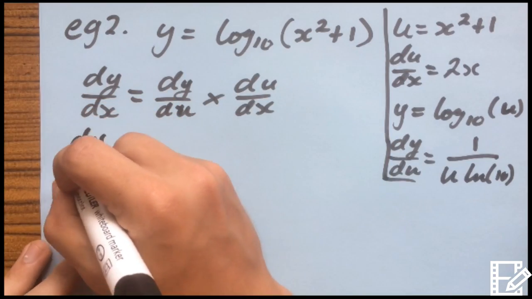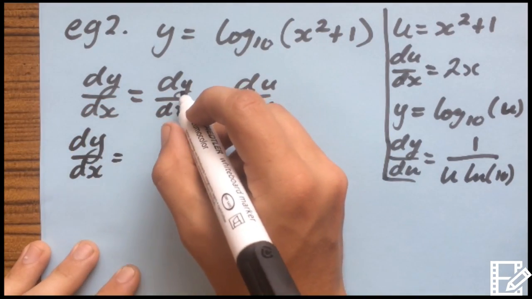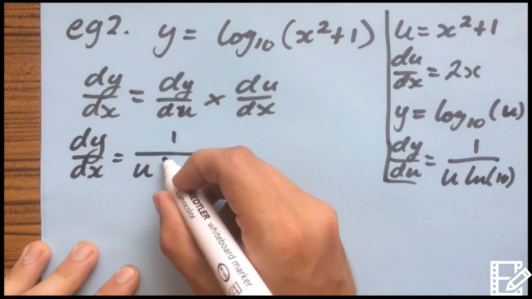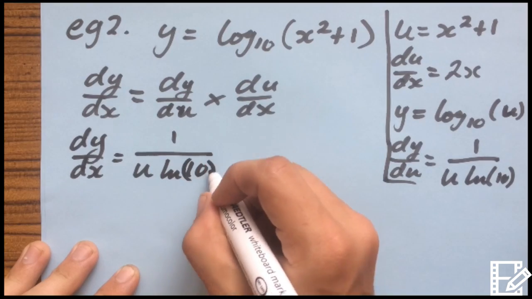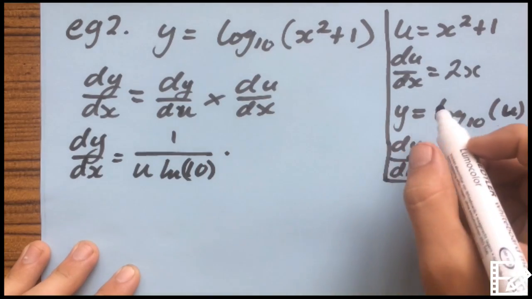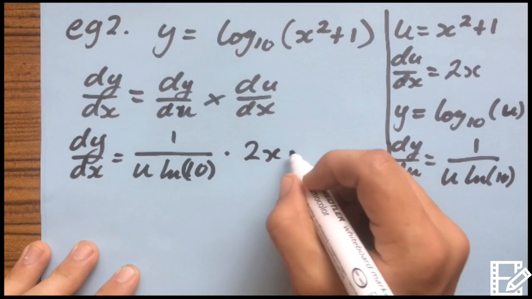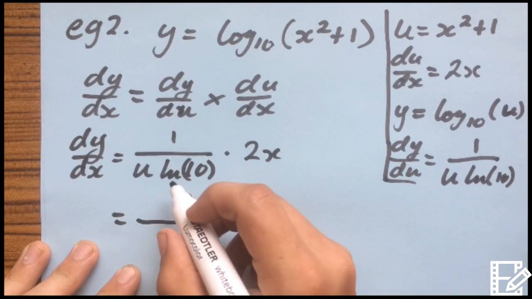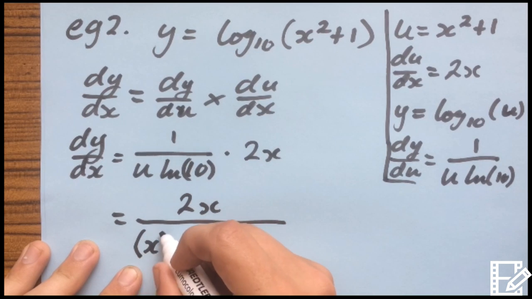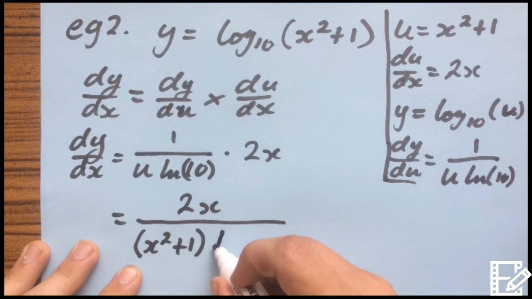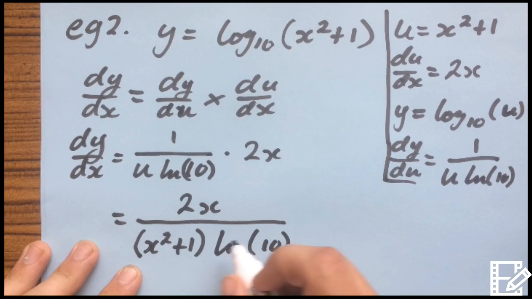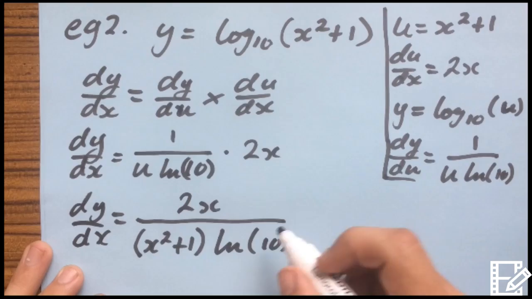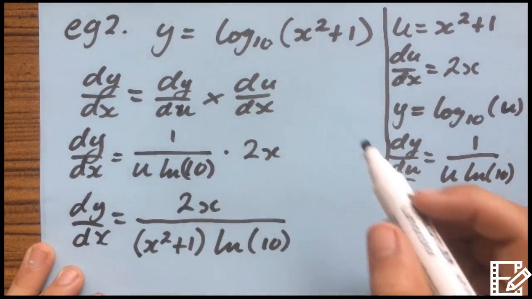Filling this in, we get the derivative of y with respect to u, 1 over u ln 10, multiplied by the derivative of u with respect to x, 2x, and what we end up with is 2x over, we'll sub in u, x squared plus 1 ln 10. And that there is our first derivative of this up here.